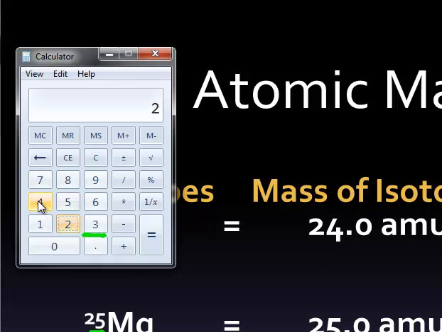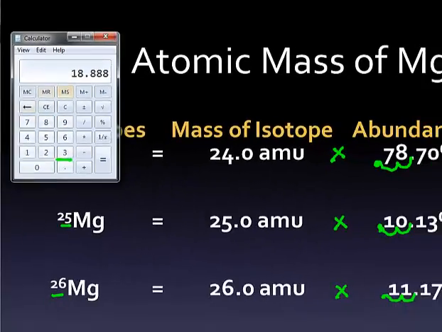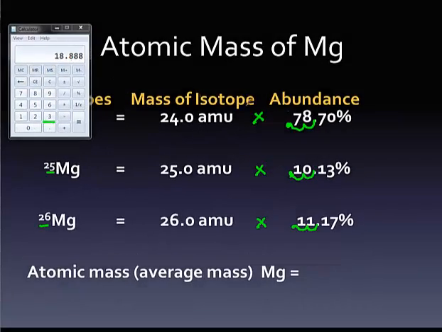So I'm going to take my mass of 24 and multiply by 0.7870, and that's going to give me a mass of 18.88. That's how much is contributed by magnesium 24. Now, we want to conserve our significant figures, so we're going to look at this as being 18.9.